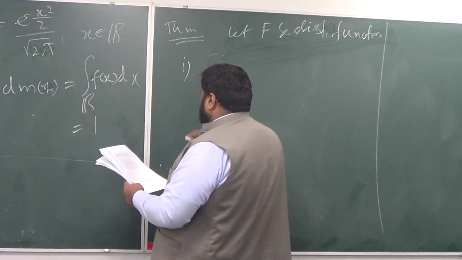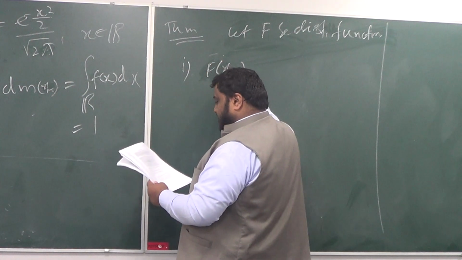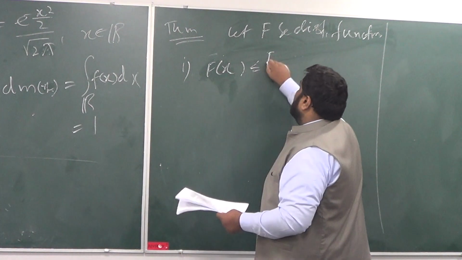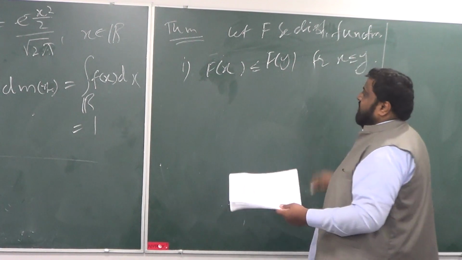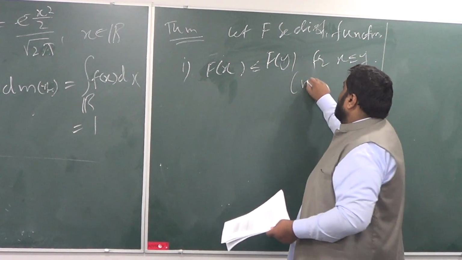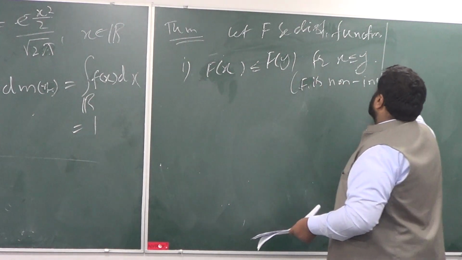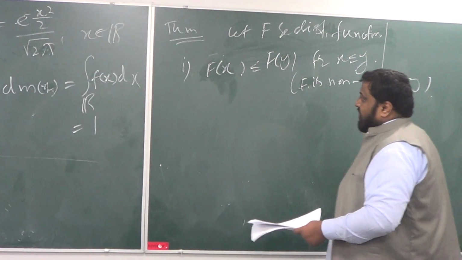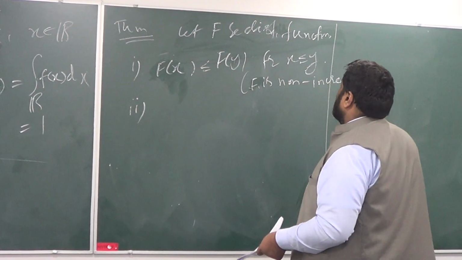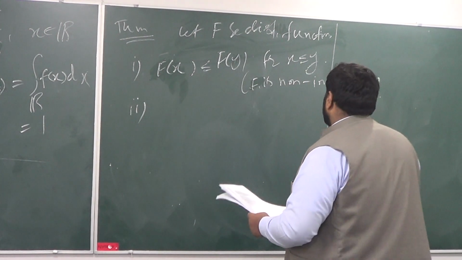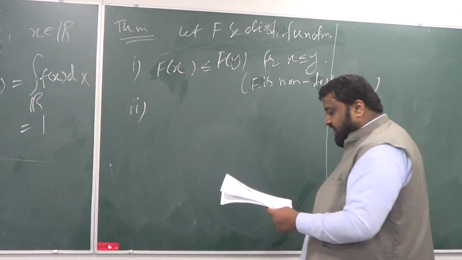Number one, F is non-decreasing: in other words, F of x is less than or equal to F of y for every x less than or equal to y. So it's an increasing function.